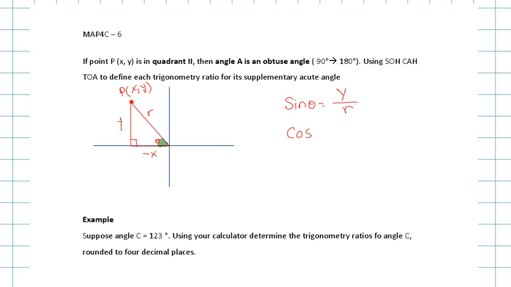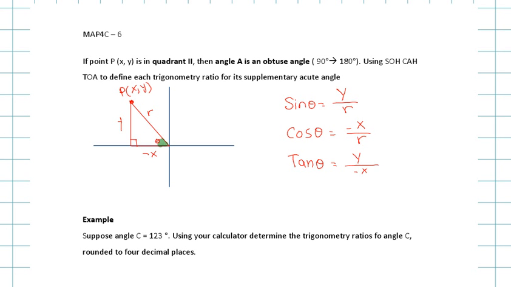Okay, how about cos? Negative x over r. How about tan? No, it's y over x.